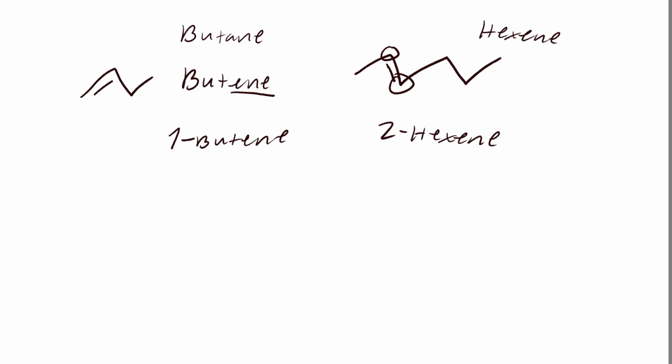Alright, so let's say that you have a substituent. This has 1, 2, 3, 4 carbons, so that would be a butyl. However, this has a double bond, so it's going to be a butene. And this is a methyl group, and it is attached to the second carbon. So it's a 2-methyl. So we're going to bring this all together.